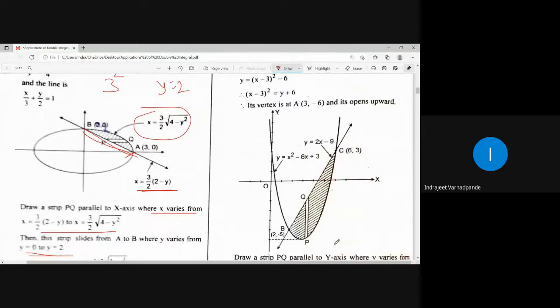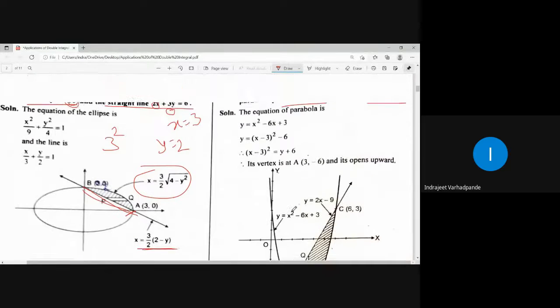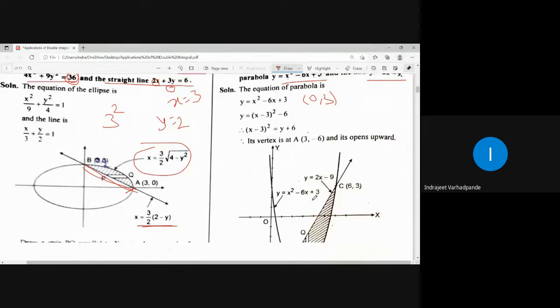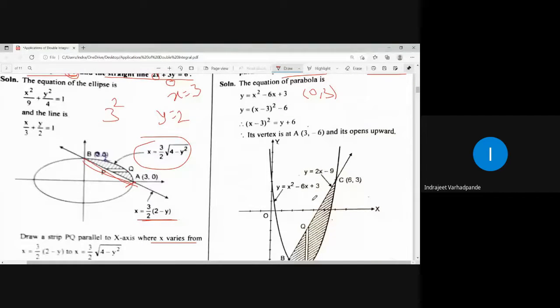You will be determining that the curve will look like this. What to do: x is equal to 0, so 0 minus 0 plus 3, that is y is equal to 3. So the first point will be 0 comma 3. x is equal to 1, 1 minus 6 plus 3, whatever is the point, you take it appropriately on the curve, and accordingly if you get four or five points, joining them will determine the exact curve.